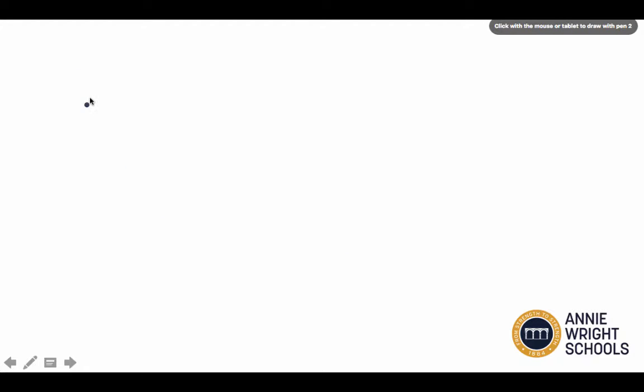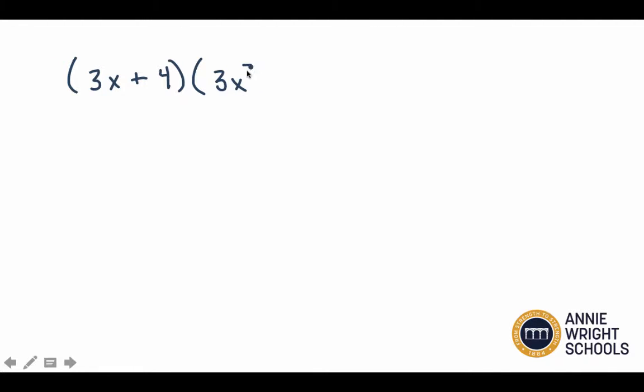Another more difficult problem, the last one, is if you get something like 3x plus 4 times, and we'll make this real ugly, 3x cubed plus 1x squared minus 5x plus 2.